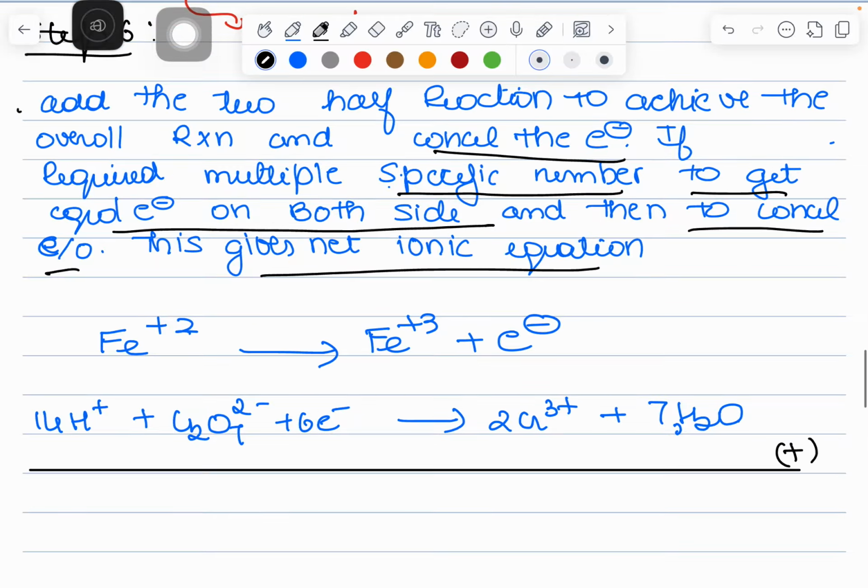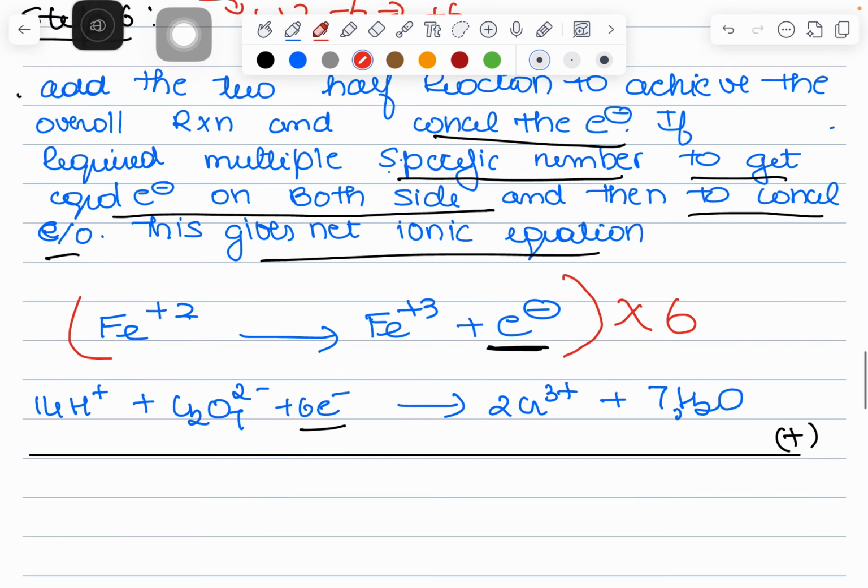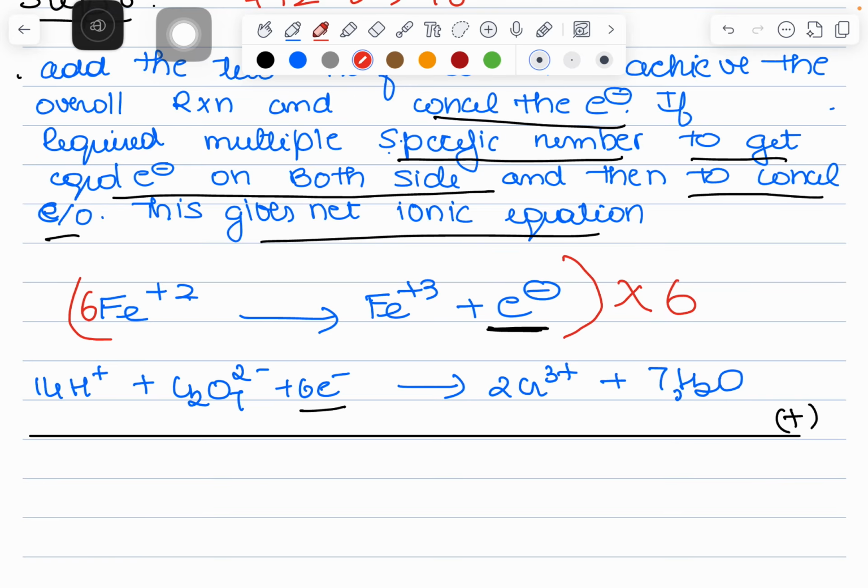Before adding, we have to cancel these electrons. This can be cancelled if this electron is also 6 electrons. So what are we supposed to do? We will multiply this whole reaction by 6. So it will be 6Fe2+ gives 6Fe3+ and 6 electrons. In that way I can cancel out this electron and this electron.